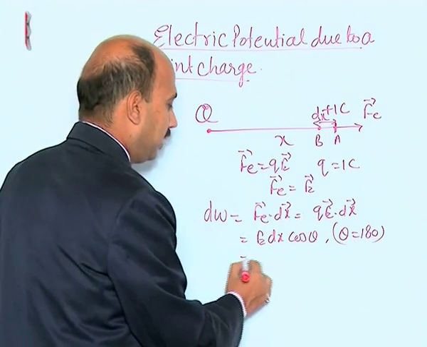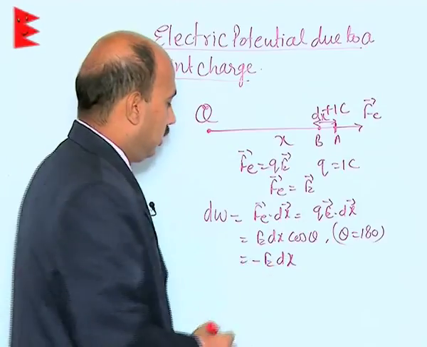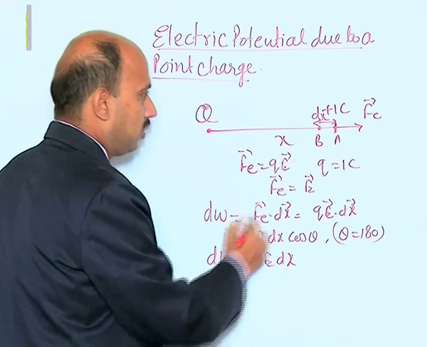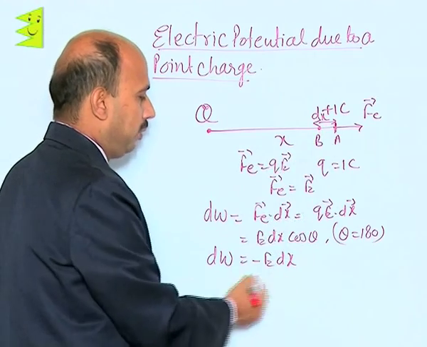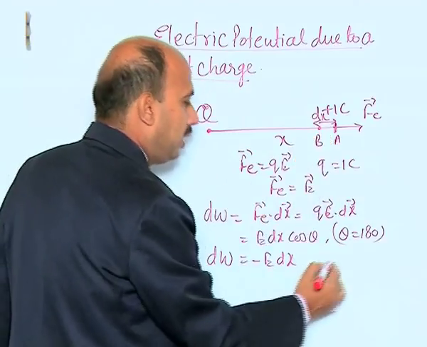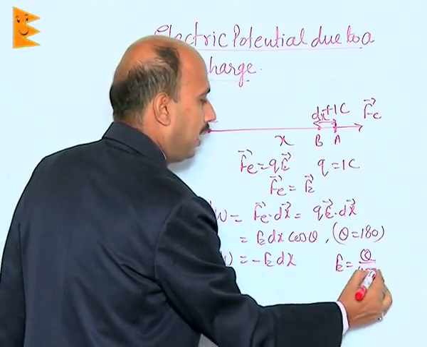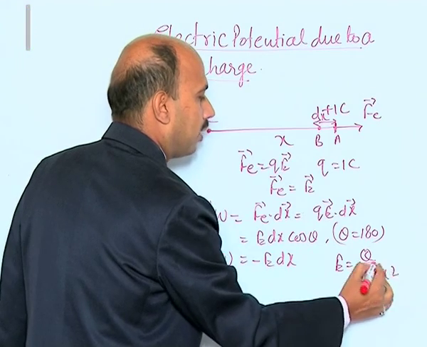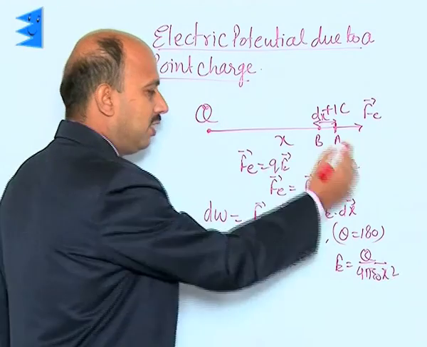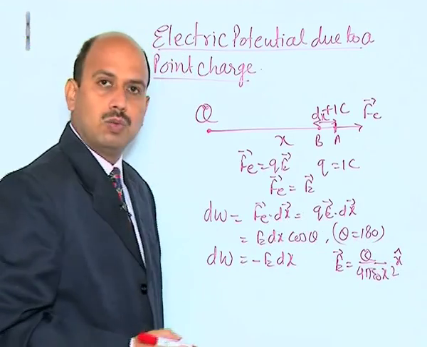So, we can write minus E dx. So, the work done dW in bringing the charge from A to B is minus E dx, and at the point A, E can be written as Q upon 4 pi epsilon naught x square. Its direction is outward, so we write an x unit vector, that is radially outward.